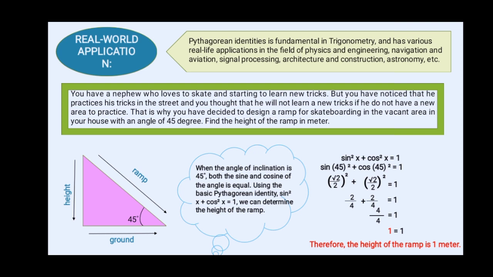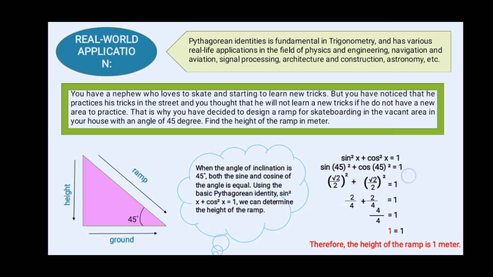First, we copy the Pythagorean identity that we're going to use, where the angle theta is 45 degrees. So sine squared 45 degrees plus cosine squared 45 degrees, and sine 45 is equal to square root of 2 over 2, as well as cosine 45 is equal to square root of 2 over 2, and we square them.